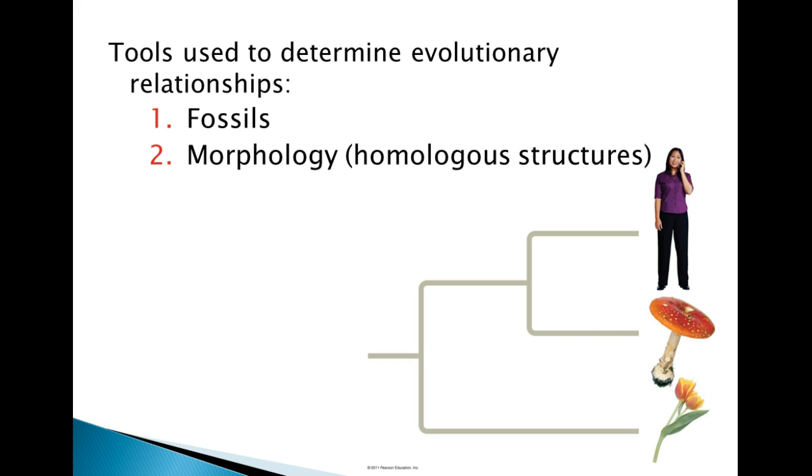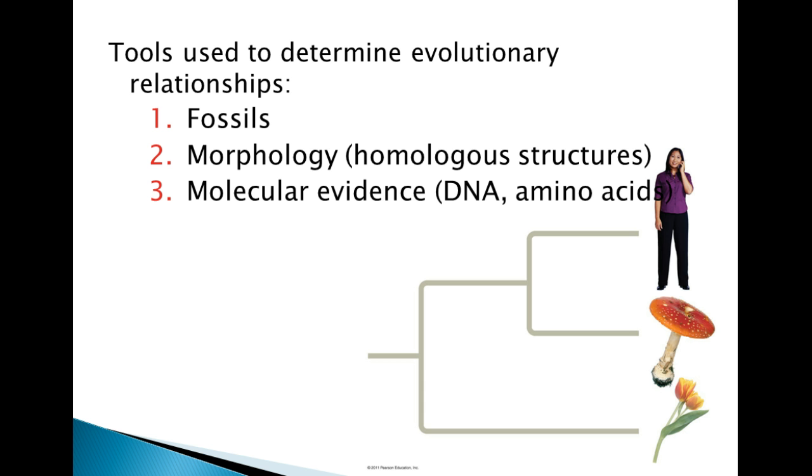What this means is to look at homologous structures, meaning what structures the organisms have in common. Get that down. While the third is to examine the molecular evidence, or the DNA/amino acid structure of these organisms. Make sure you get those in your notes.